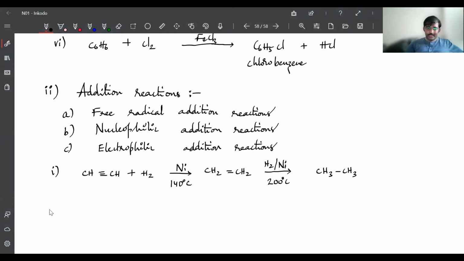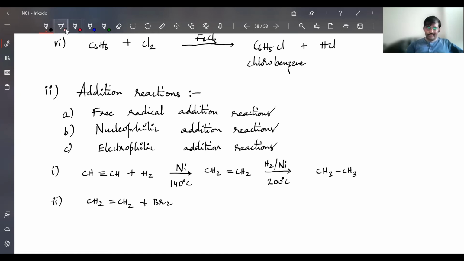Similarly, I can take ethylene now, CH2 double bond CH2. If this ethylene is reacting with bromine, in that case bromine atoms will attach to that double bond.